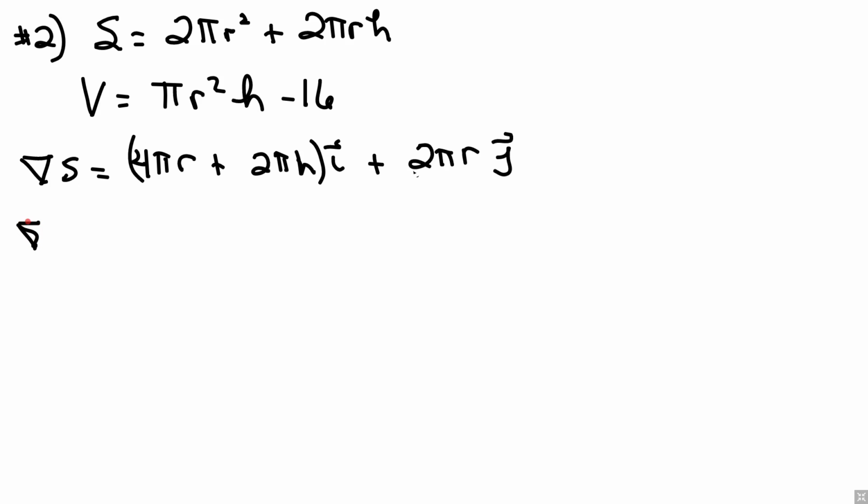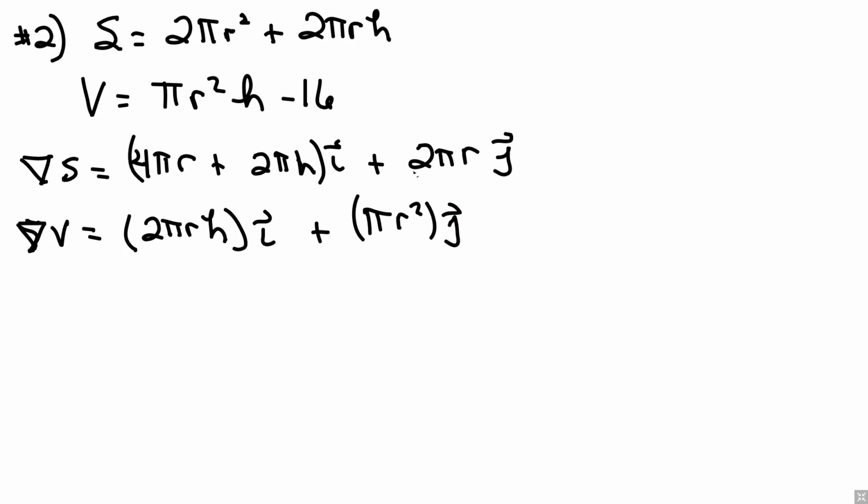And then if we do the gradient of v, we're going to end up with 2 pi r h in the i direction plus pi r squared in the j direction.